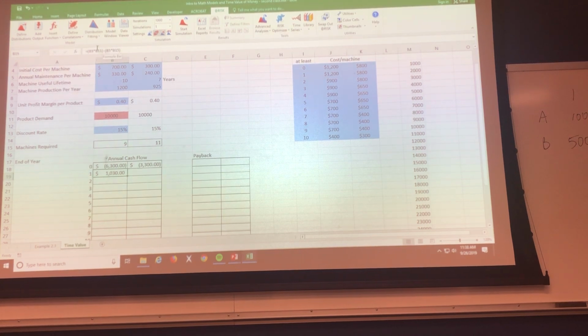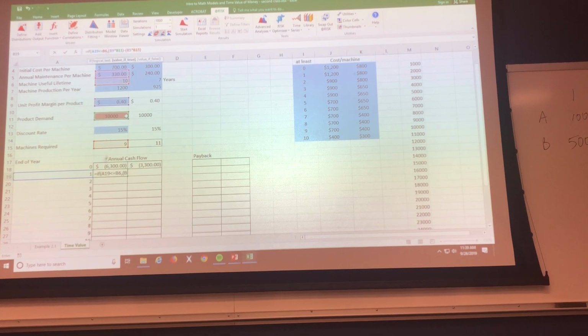So around that little calculation, I'm going to do IF, I don't need another equal sign, IF, and check to see if the year that I am in is less than or equal to the useful life. So in other words, check to see if A19 is less than or equal to B6. Am I still within the useful life of the machine?